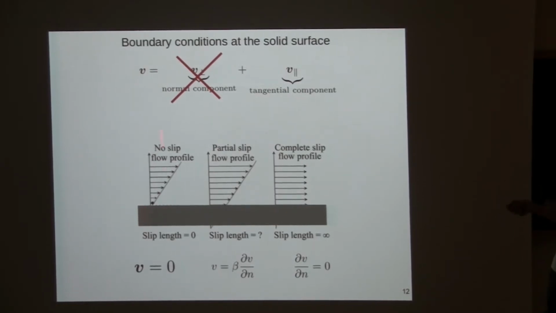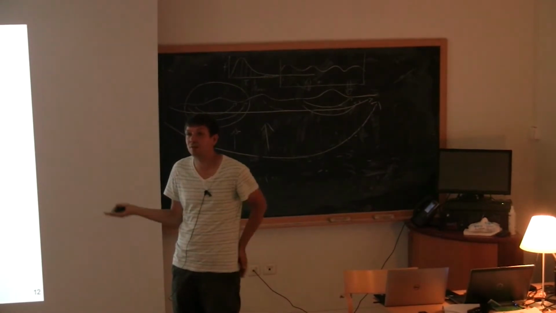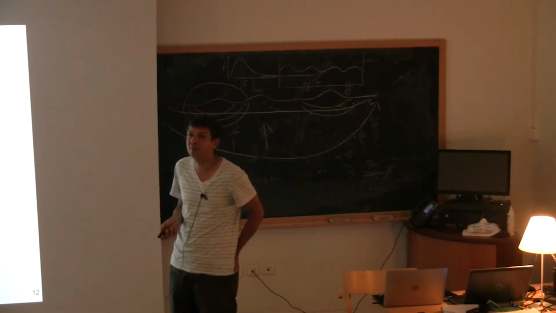So what we do, we decompose the velocity into the normal component and into the tangential component. The normal component is 0 because if it was not 0, it means that your fluid particle could penetrate into the solid. And we cannot have that because it's a pure solid at the surface. So basically we say the normal component is 0.